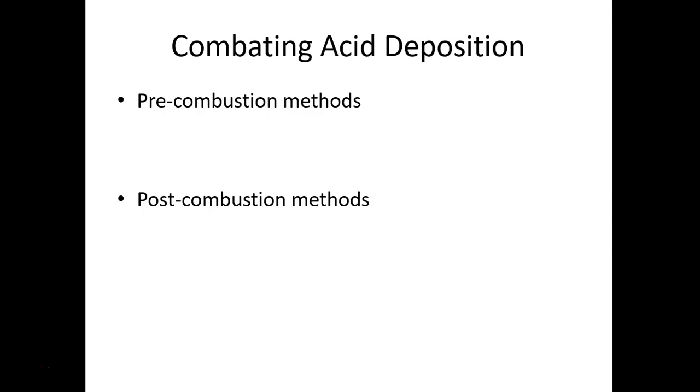Now that we have some strategies we use to combat acid deposition, there's pre-combustion methods and post-combustion methods. So remember we said that these are produced by combustion reactions in vehicles and in different industries. So pre-combustion methods basically means doing something with these chemicals before they have the opportunity to combust and form these oxides.